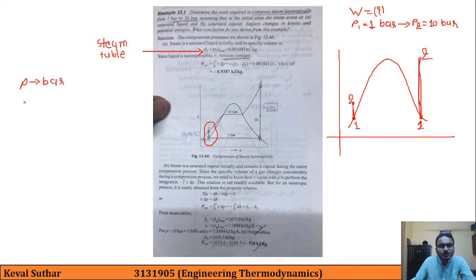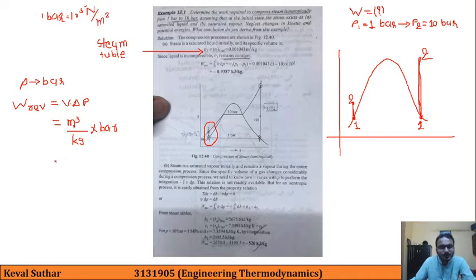So here W reversible is equal to V into delta P. This is given in meter cube per kg and this is given in bar. If you recall, 1 bar is equal to 10 raised to 5 Newton per meter square.